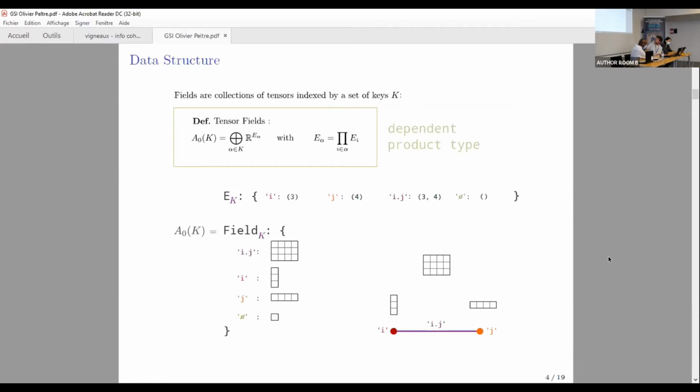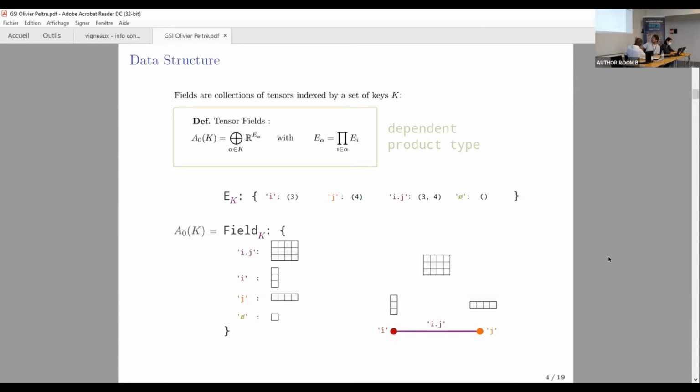So one way to think of it, or to implement it, would be as a dictionary of tensors. So each entry has a shape that is prescribed. It could be known at compile time. And for each key, you have a different tensor.